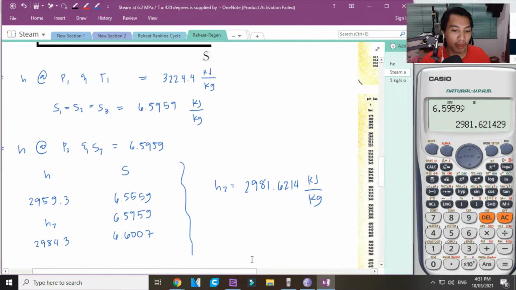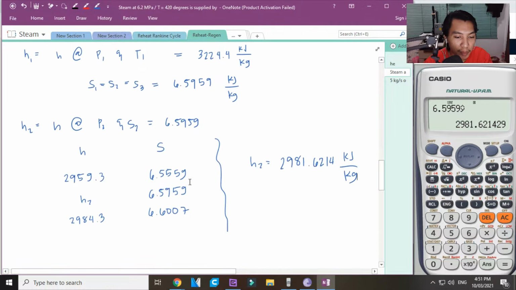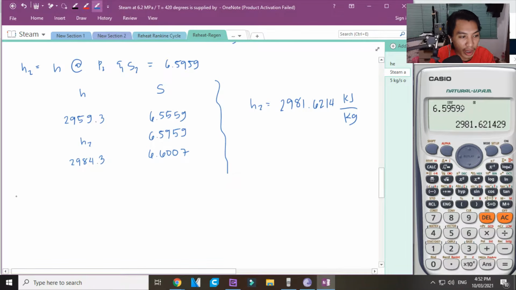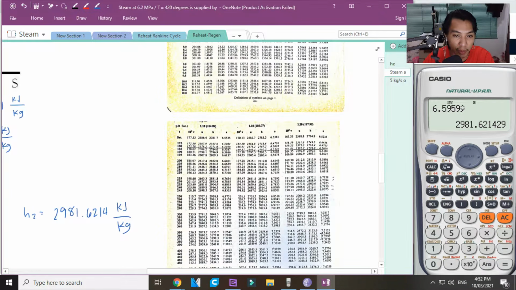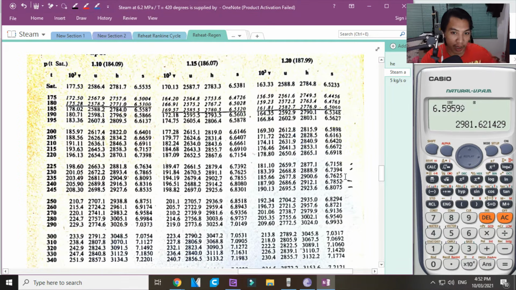Okay. How about H3? Tignan nyo sa diagram. H3. Same pa rin, di ba? H3 is equal to H at P3, yung pressure na papasok dun sa iyong reheater, and S3, where S3 is 6.5959. I think P3 is 1.2. Pupunta tayo ng table 3 ng 1.2. Hanapin natin siya dito. 6.59 dito.